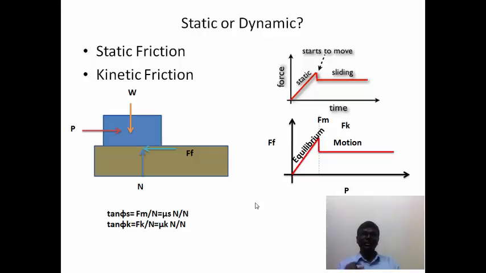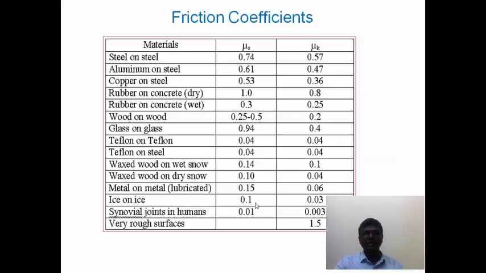In both cases, the friction coefficient in a static equilibrium condition is called mu s, the static coefficient of friction. In kinetic motion, the friction coefficient is called the kinetic coefficient of friction. So we look at various materials: steel on steel, aluminum, copper on steel, rubber on concrete, wood on wood, glass on glass.